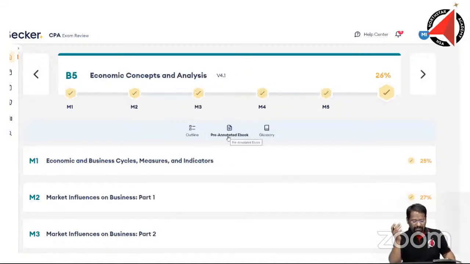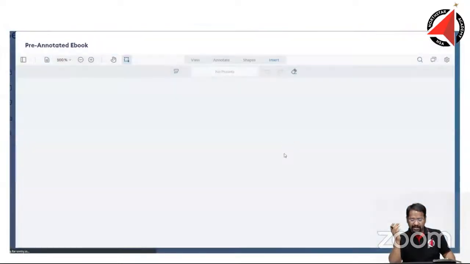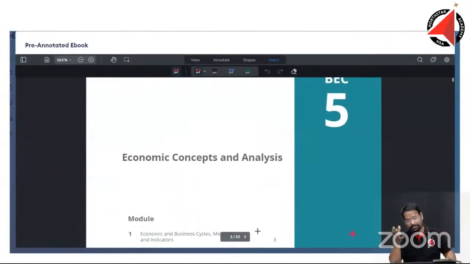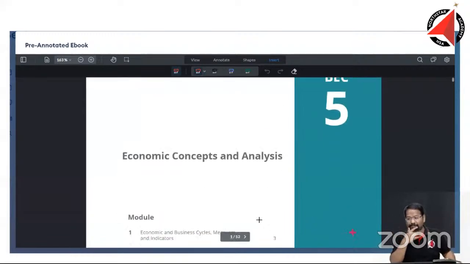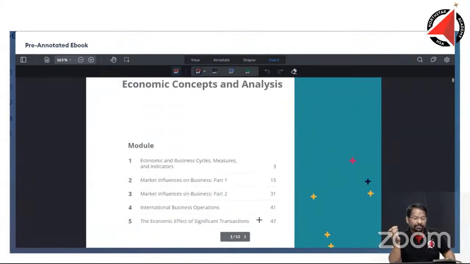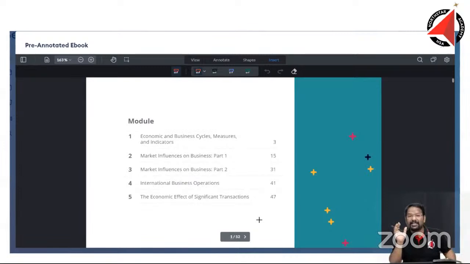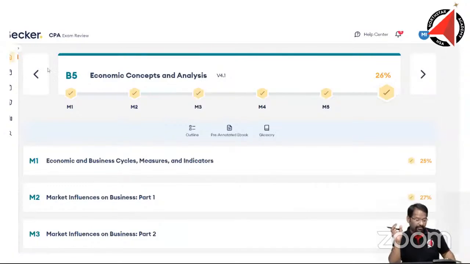But B5 is not like that. It is some 60 pages or 50 pages. Just 52 pages. Can you see here? It's just 52 pages. Is it too big? I don't think this section is too big. If you say that yes, section 6 is big, okay, to some extent, yes. But section 5 is not big. 52 pages of content, and boom, we are done.